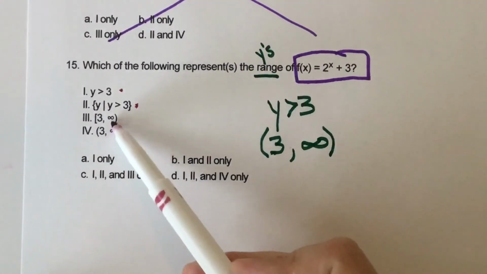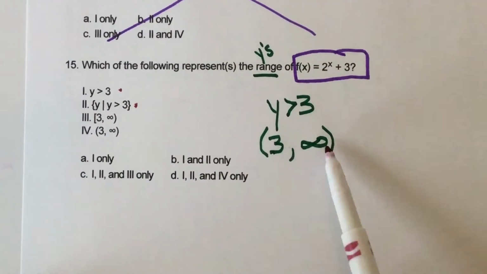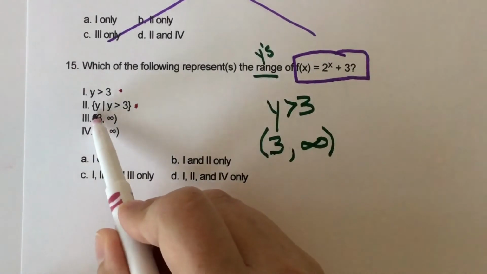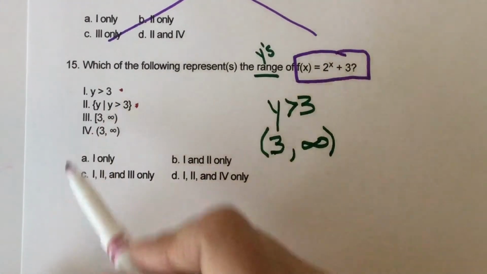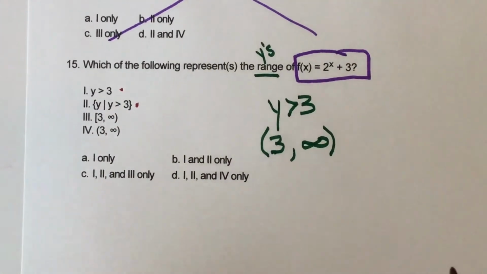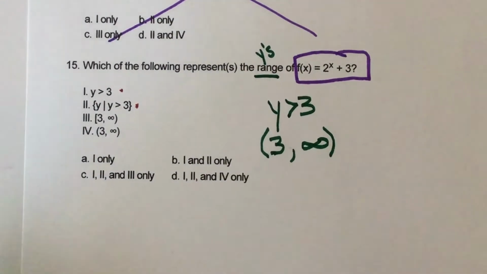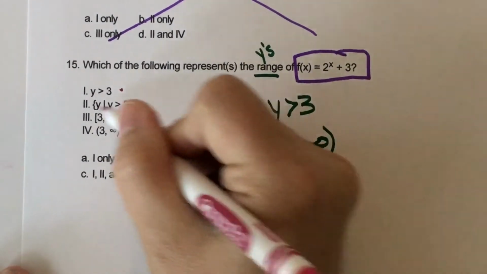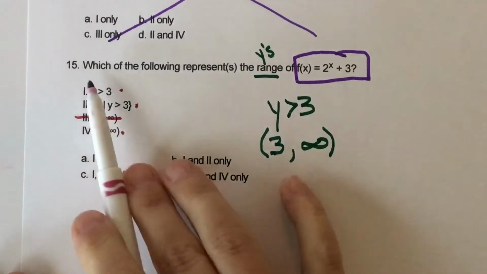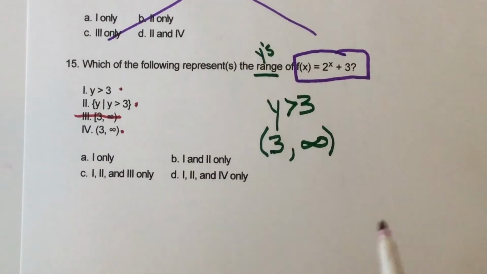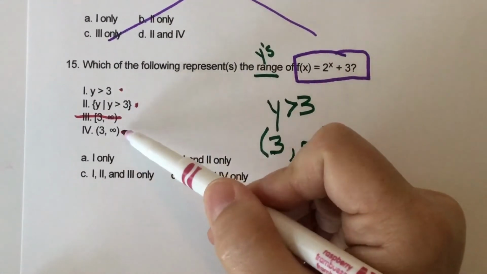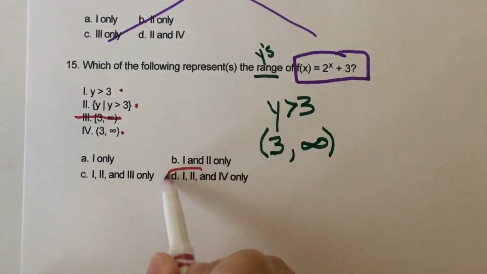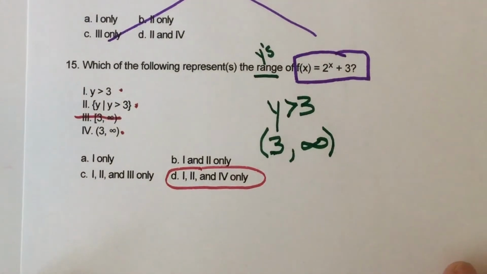These other two both show 3 to infinity, but the problem is we can't have the bracket because it doesn't equal 3. That asymptote prevents it from touching or crossing. So this one is good, but this one's out. When it says which of the following represents the range, it's 1, 2, and 4. So that is answer choice D.